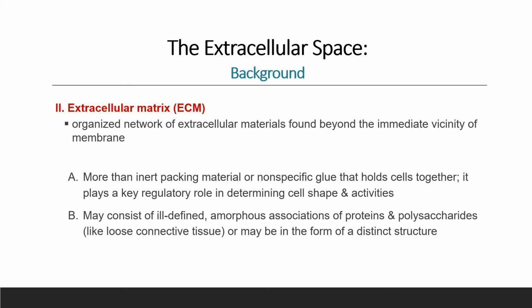It may also consist of ill-defined amorphous associations of proteins and polysaccharides like your loose connective tissue, or may be in the form of a distinct structure. So remember that the extracellular space is the part outside the cell itself. Okay, so it is the surrounding of the cell.